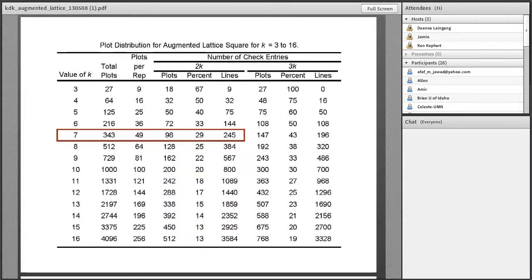Based on those relationships I showed you in the first table, I developed this table to show you what the plot distribution is for an augmented lattice square. Again, now this is for K from 3 to 16 plots. In fact, I was amused in that Federer even suggested that you could easily go up as high as designs where K equals 33.